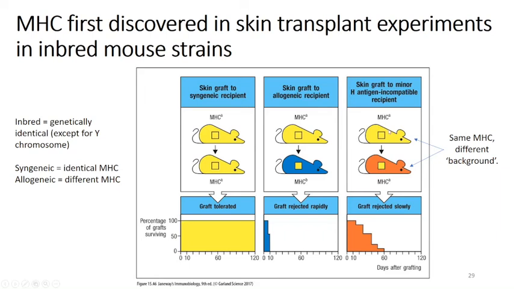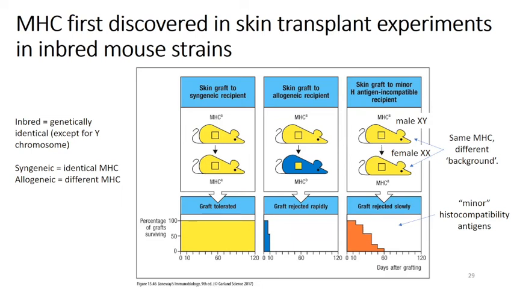And you can actually take mice that have the same MHC but a different background. You can take that tissue transplant and put it into a male, and it's still slowly rejected.